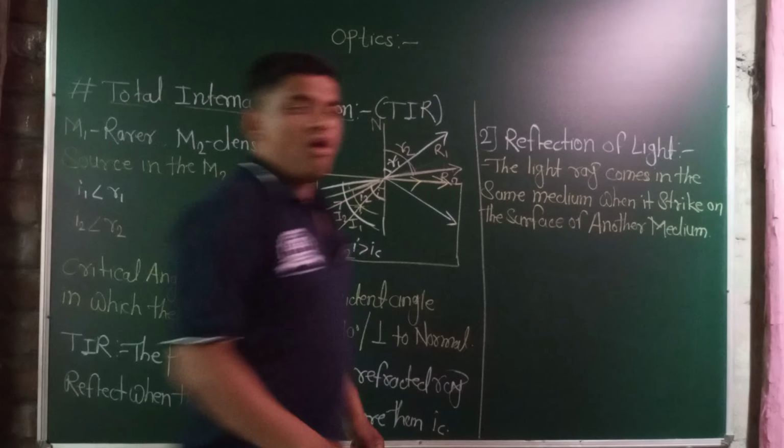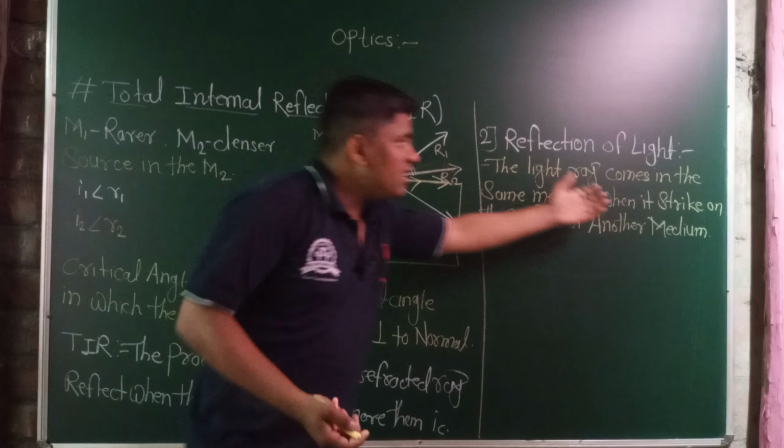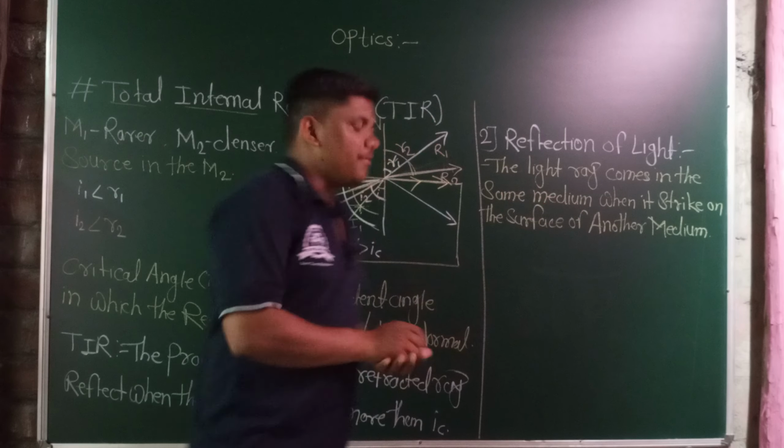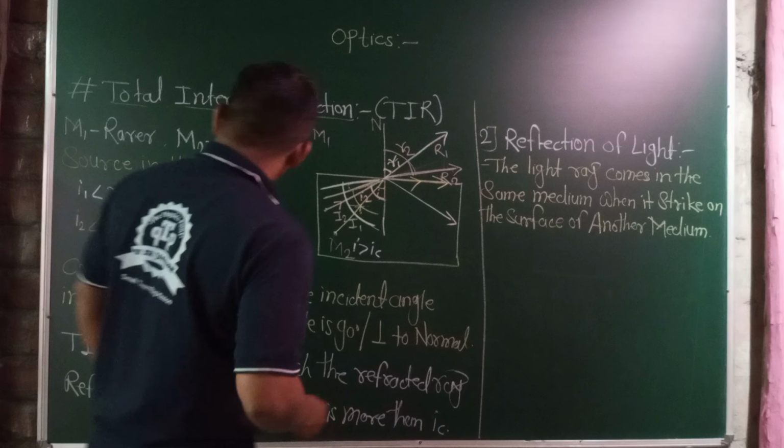This is the process in which the light ray comes back in the same medium. This is the reflection of light. Okay, I will show it on a small diagram.